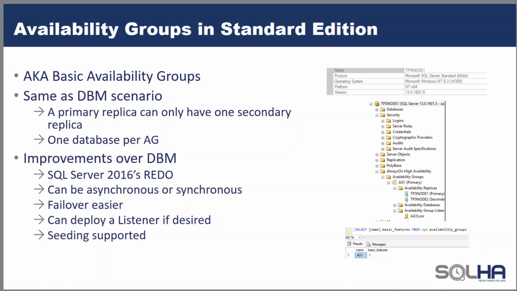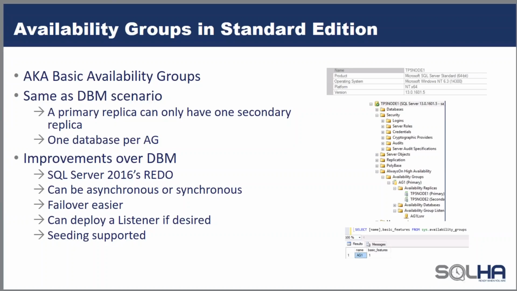Basically, we don't call database mirroring in Standard Edition or Enterprise Edition standard or basic database mirroring. It's just database mirroring. But I assume they needed a nice bullet point feature on the marketing list, so here we are with basic availability groups. But really all it is, we finally have what is essentially a database mirroring replacement in SQL Server 2016.